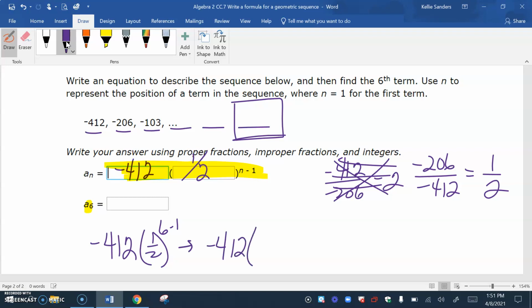Negative 412 times 1 over 2 to the 5. Negative 412 times 1 over 32. 412 over 32. Negative 103 over 8.